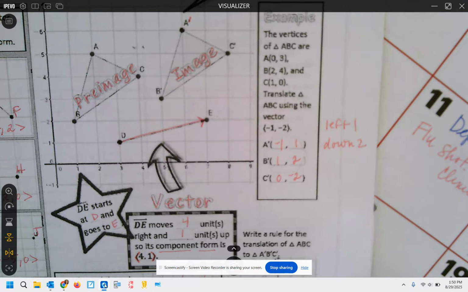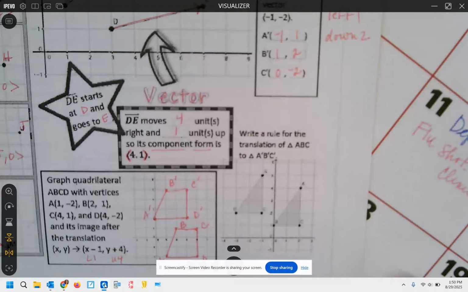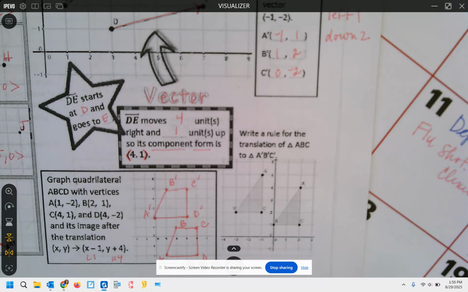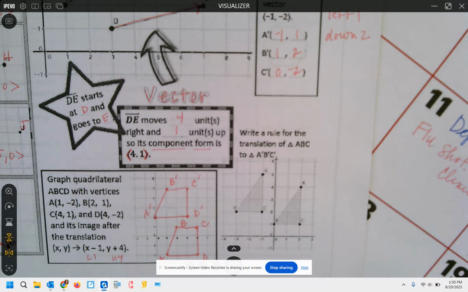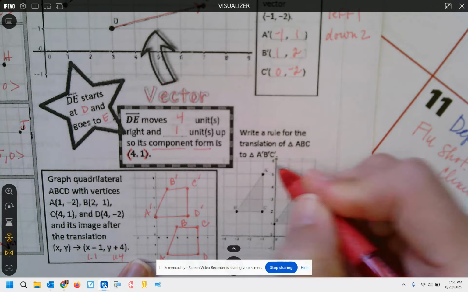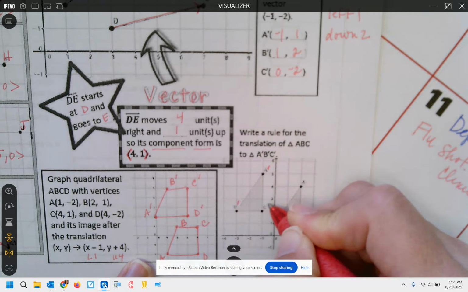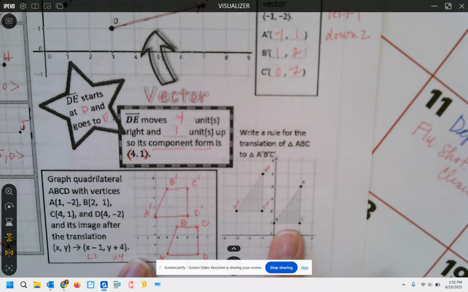And the last piece down in the bottom right-hand corner says write a rule for the translation of triangle ABC to triangle A prime, B prime, C prime. If you can't tell, the primes are over here. So this is the pre-image and this is the image here.